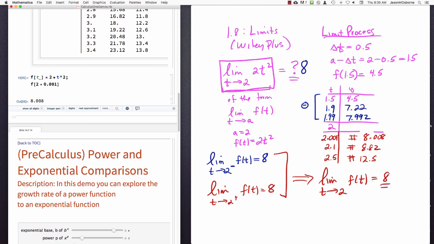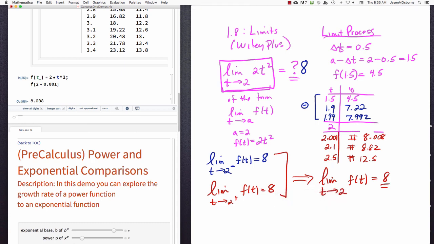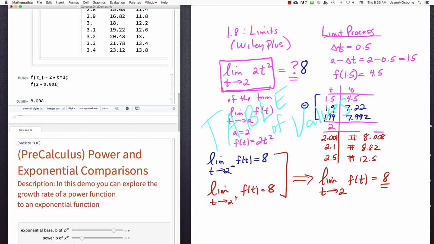So there's one quick example of using a table of values to evaluate a limit. And we'll look in another video at another method using graphical techniques.